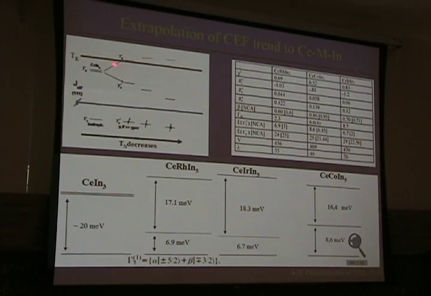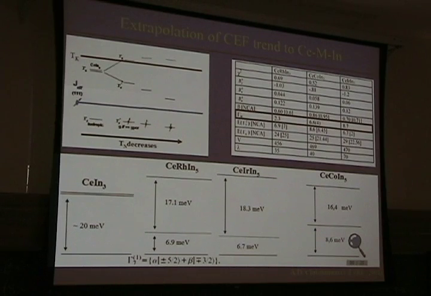We can see that what we are trying to find doesn't happen in terms of energy splitting. You see, the gamma 8 quartet in cerium 3 gets split, but this splitting is about the same for the 115s. They're not really different. But there is an interesting thing here.